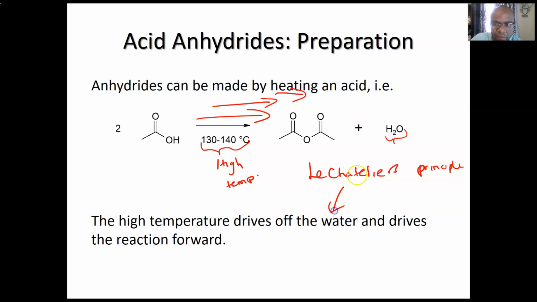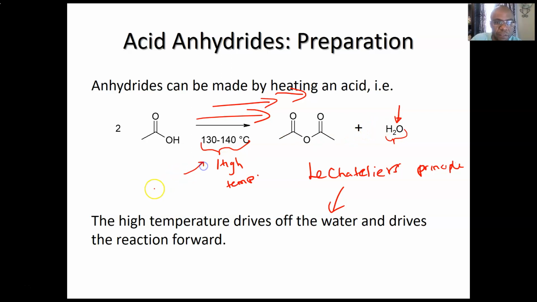Le Chatelier's principle states that if a system is subjected to a stress, the system counteracts to fight back the stress to gain equilibrium. So the reaction will keep moving forward because with high temperature, you can imagine water will be driven away.